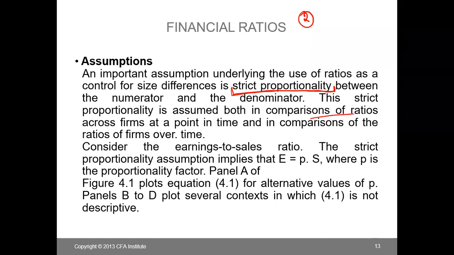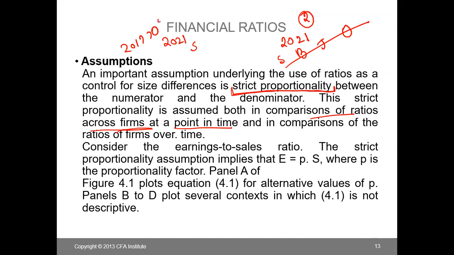When you are comparing the ratio across firms, a cross-sectional comparison at a particular point in time, say 2021, you are comparing Square, Beximco, JMI, Orion, all of these companies. But if you are comparing a single company over different time periods, 2019, 2020, 2021, you are doing a time series comparison.